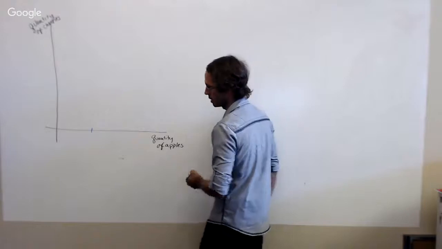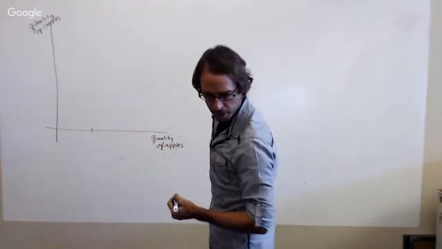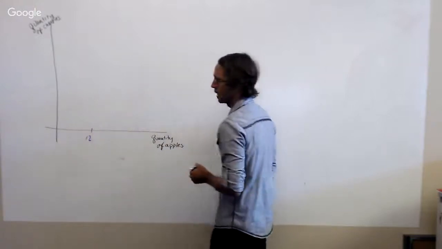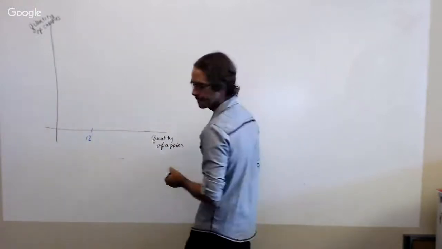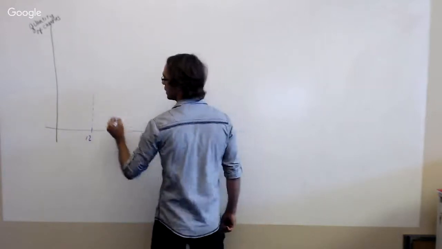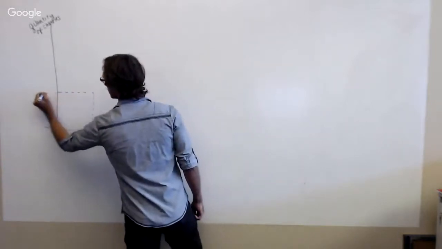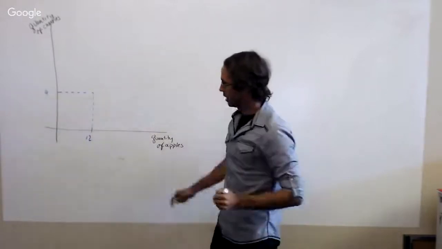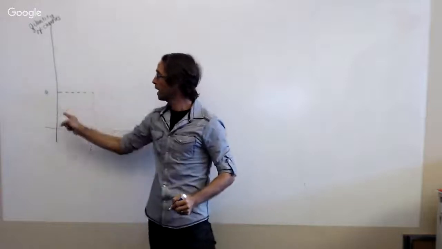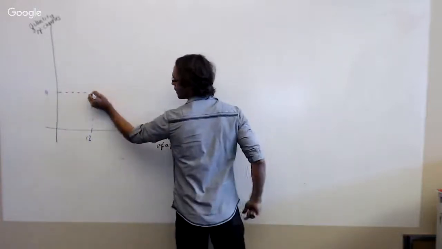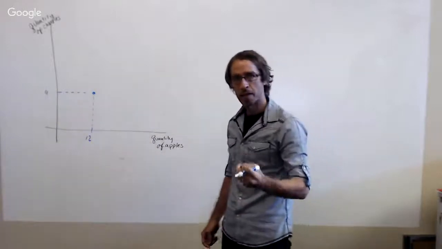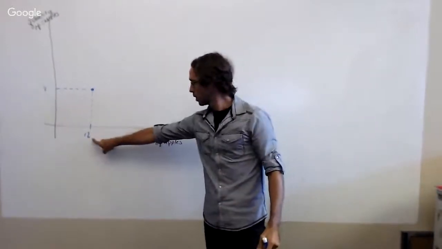Let's say you buy 12 apples and four little boxes of cherries. If you mark 12 on the x-axis and 4 on the y-axis and bring them together, this point marks that you bought 12 apples and 4 cherries.